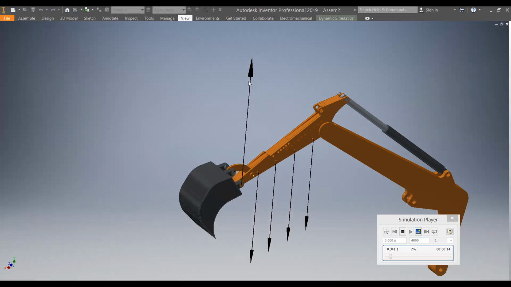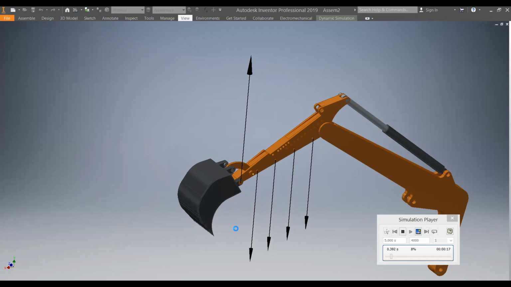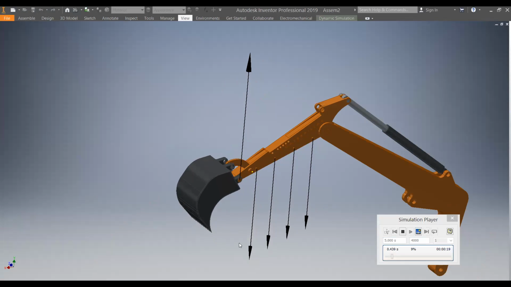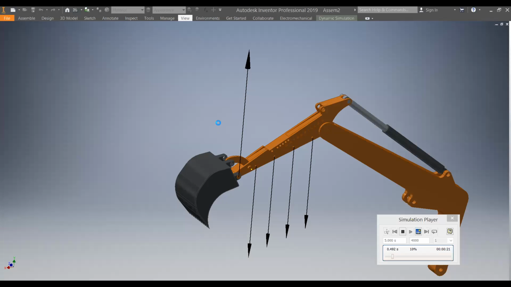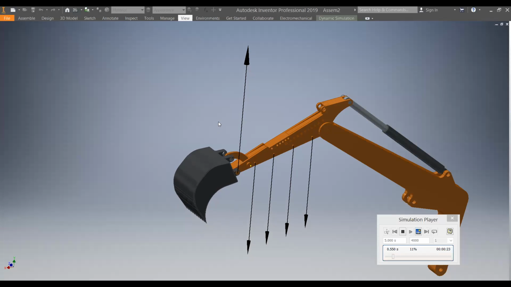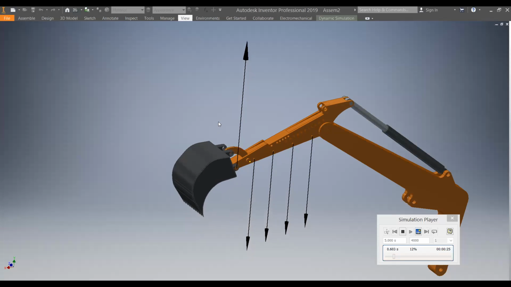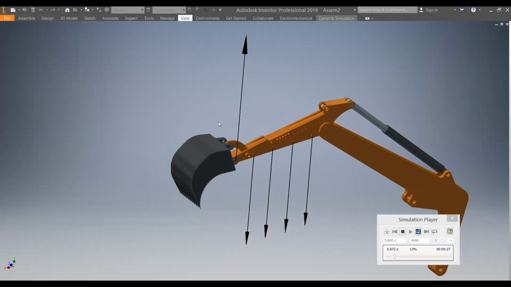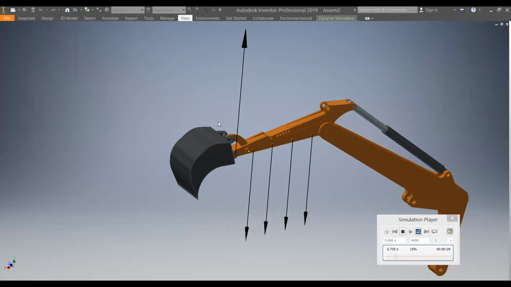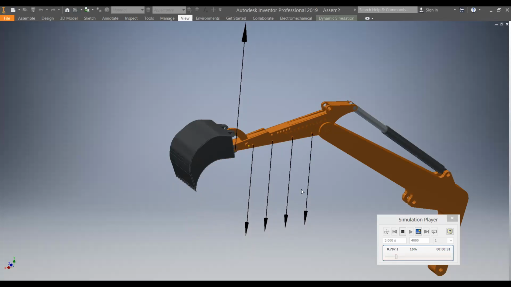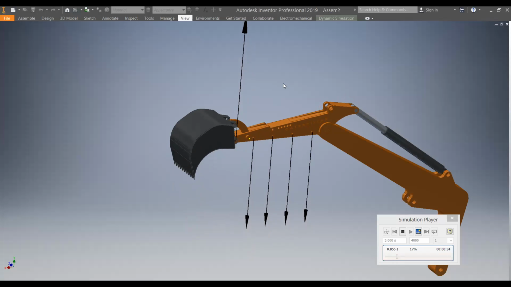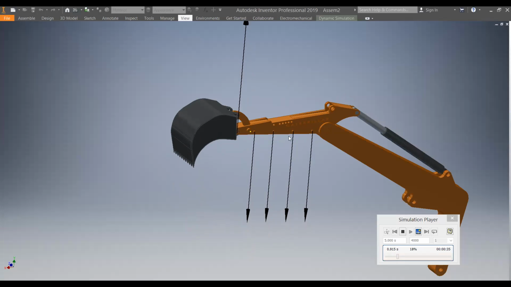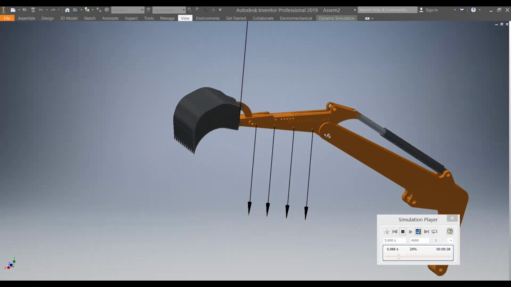This is the tension in the cable, so it is slowly moving in the upward direction. As it is moving upward, that means this movement is in the clockwise direction about this point.